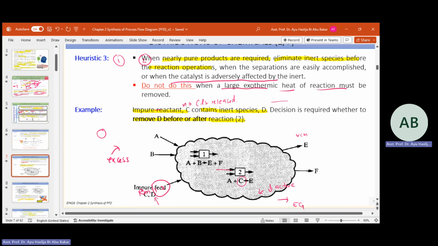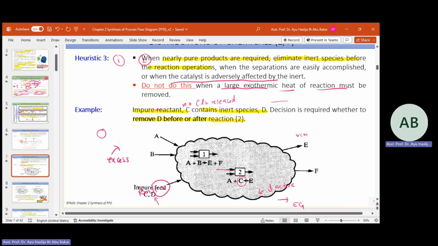No, right? So what is D doing over there? Impure feed, yes. Then D is not reacting. So D is the inert. It doesn't get involved in the reaction, so we call it inert. Then the statement here: nearly pure product is required, eliminate inert species before the reaction.